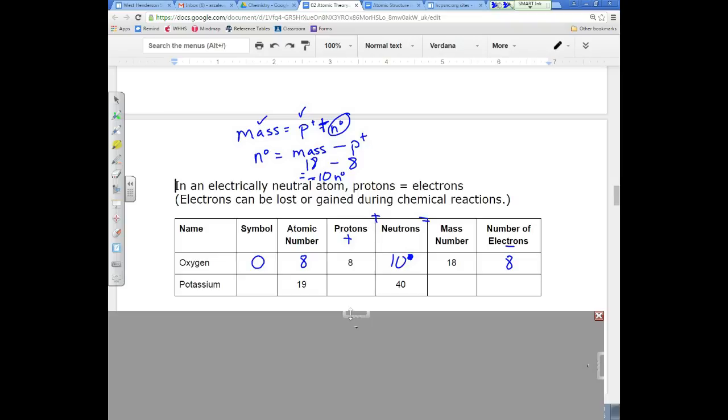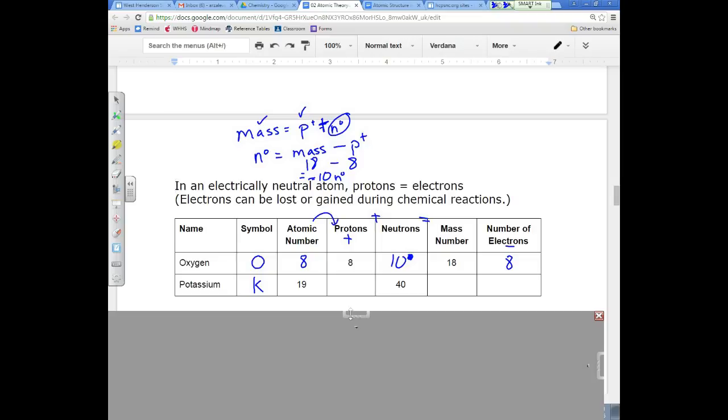Okay, now we have a different set of things given to us for potassium. So potassium is K on the periodic table. You're going to find it all the way to the left. And they give us the atomic number. Well, we know the atomic number is equal to the number of protons.